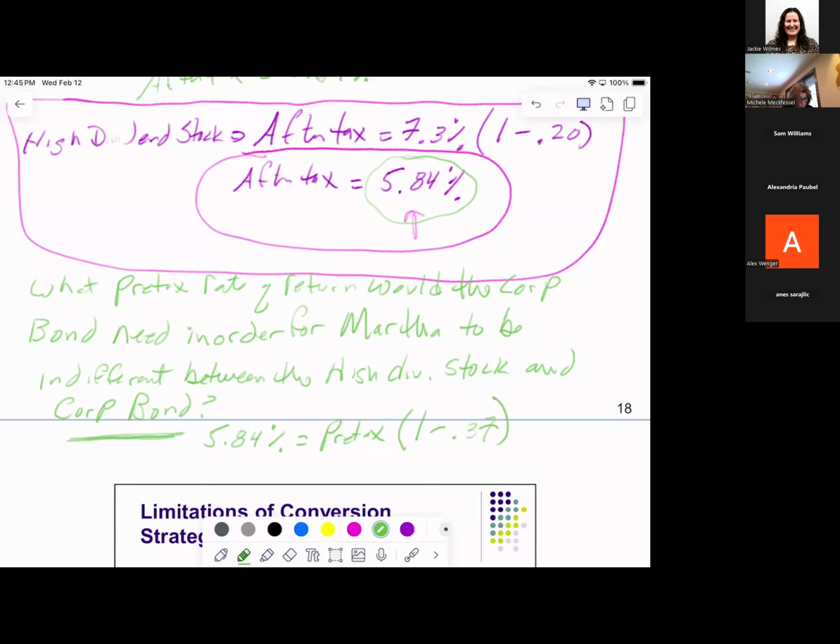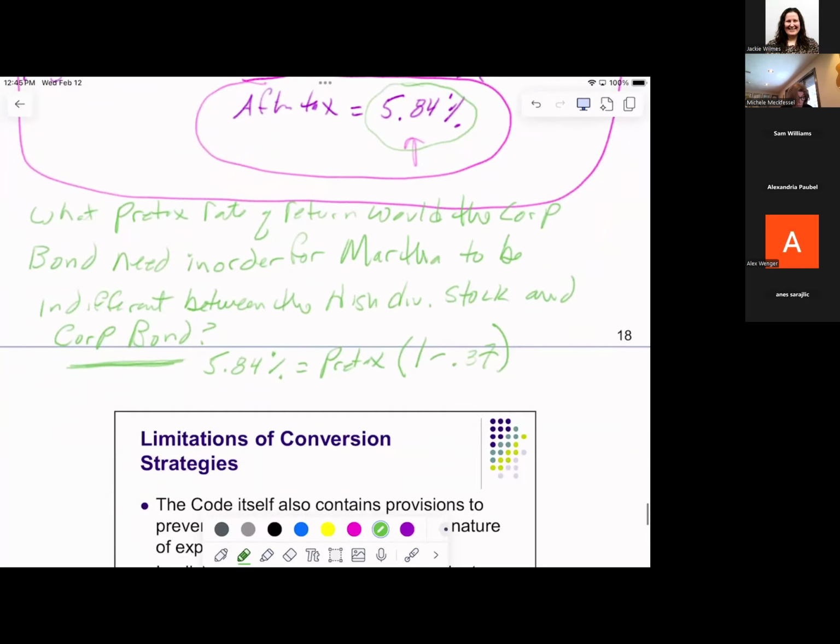Okay. So now, in order to find this out, we just have to solve for pre-tax. And so in order to solve for pre-tax, we take 5.84%, 0.0584, and divide that by 63%.